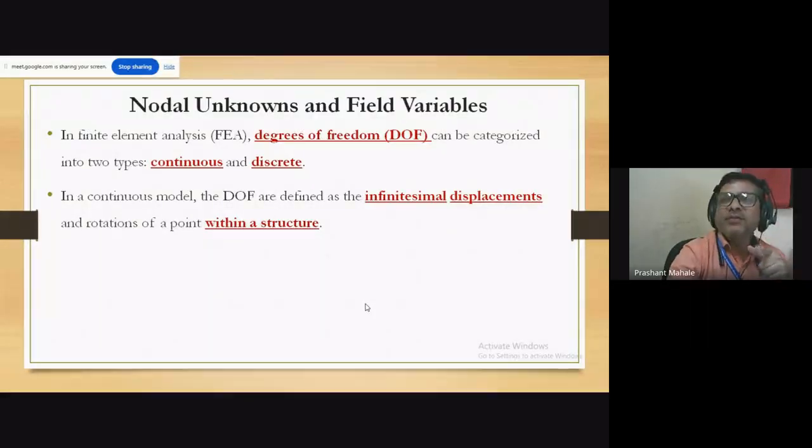This infinitesimal is nothing but the smallest possible, which is beyond imagination. So if this type of model is there, then we are calling it a continuous model, and degree of freedom in that case we call continuous. Whereas, that is not possible actually. Okay, it is a hypothetical case, you can say.